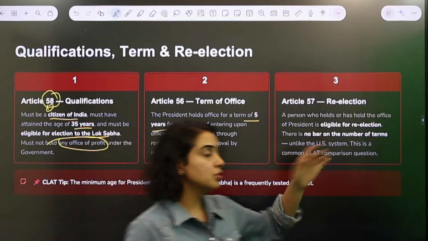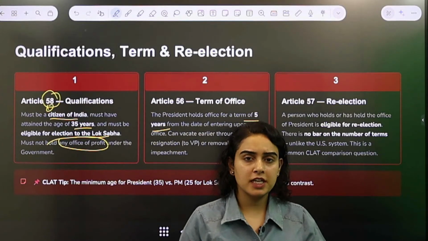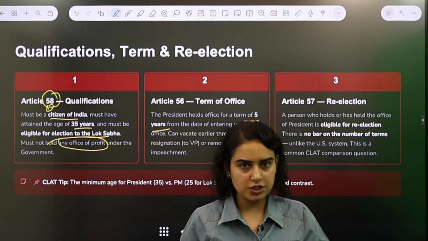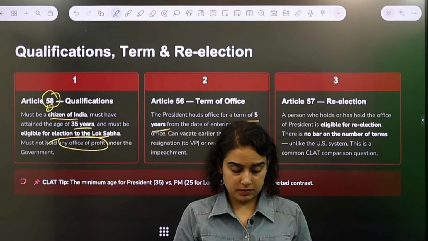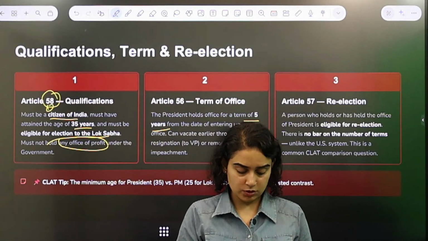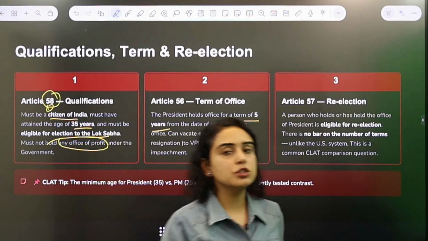Also, like I've already mentioned, there is a process of re-election. The constitution allows re-election, and if the president wants to stand in elections again, he or she can do the same. The constitution does not stop it.